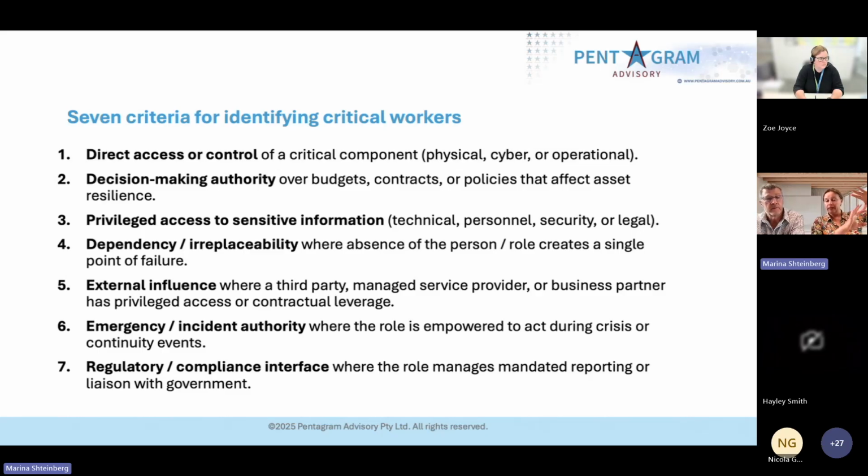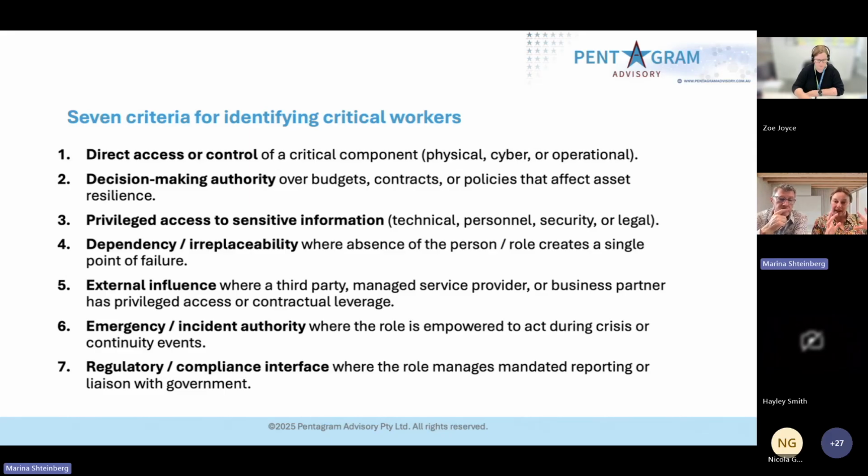So when you have identified your potential critical workers and gone through the 7 criteria, that will help you to put together a list of critical workers. When you have a list of your critical workers, you will be able to see more critical positions. You will be able to see whether those critical positions actually sit with an employee of a managed service provider or vendor or third party.